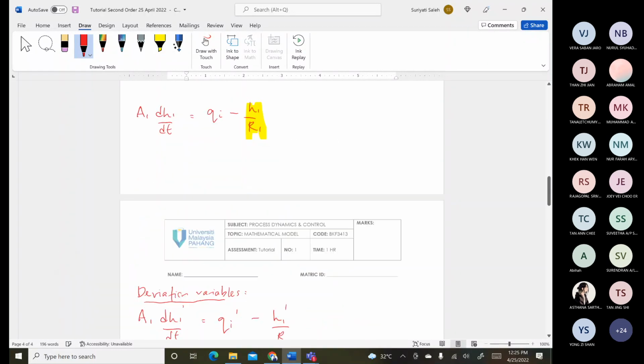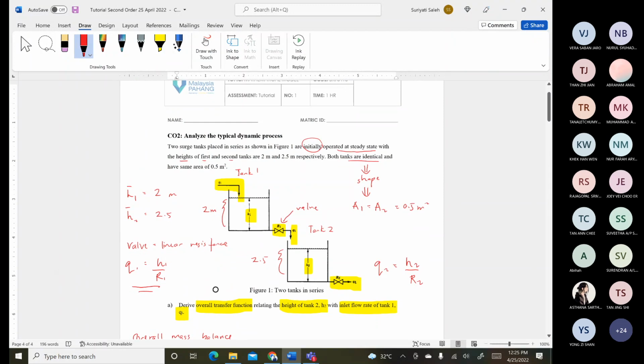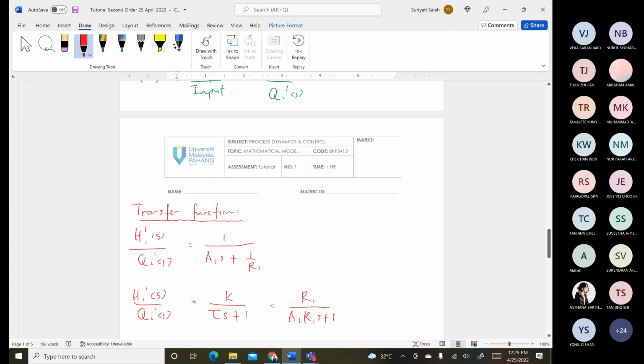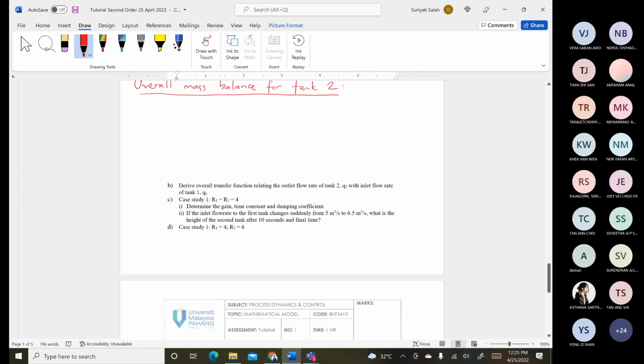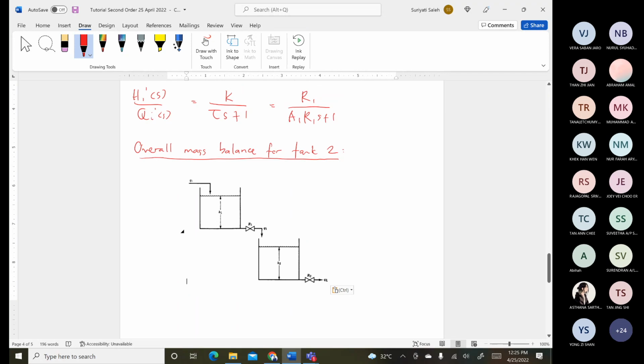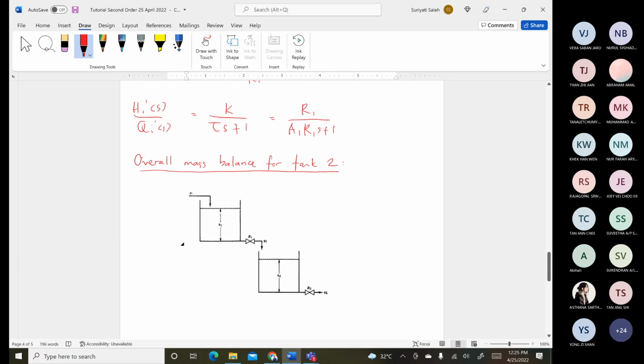So for this case, let's say I copy this figure. We already completed the first tank.